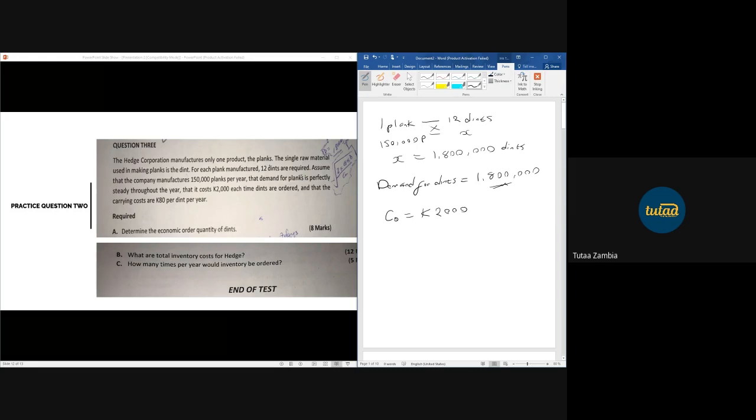The carrying cost simply means the holding cost. So the carrying costs are 80 kwacha per dint per year, which is our holding cost.